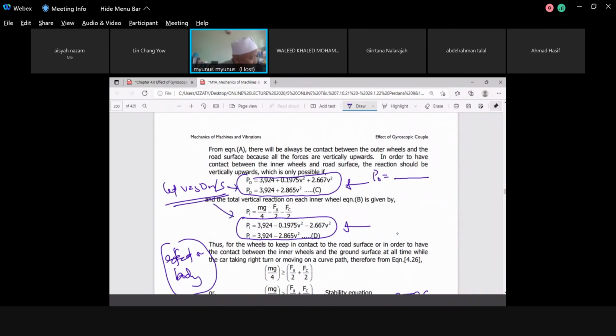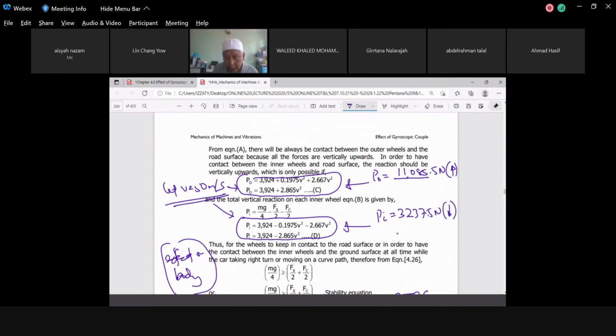I already calculated this just now, and I find that the equation for PO gives 11,085.5 Newton, and it is pointing upward. The other one, your PI now, is equal to 3,237.5 Newton, and it is pointing downward.